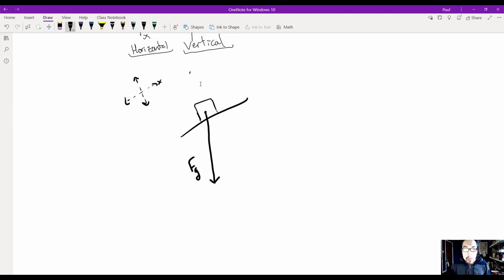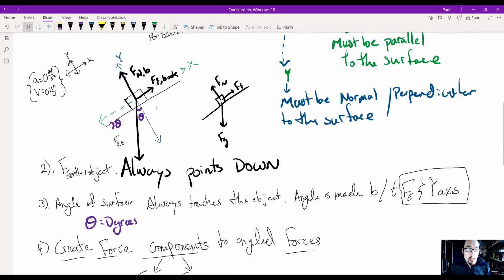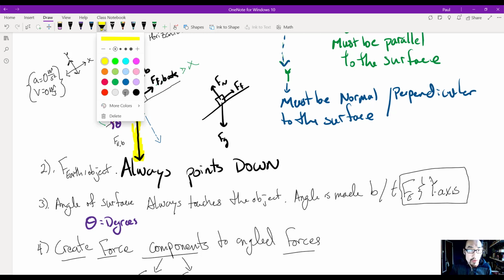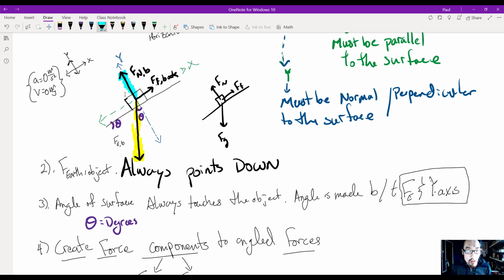Now, the x and the y axes are not along this force of gravity. What I mean by that is, if you take a look at this force of gravity that I'm highlighting, it's not along the x or the y. But if you compare this to, let's say, the normal force, we'll do the normal force in blue, you see how it's along this y-axis.